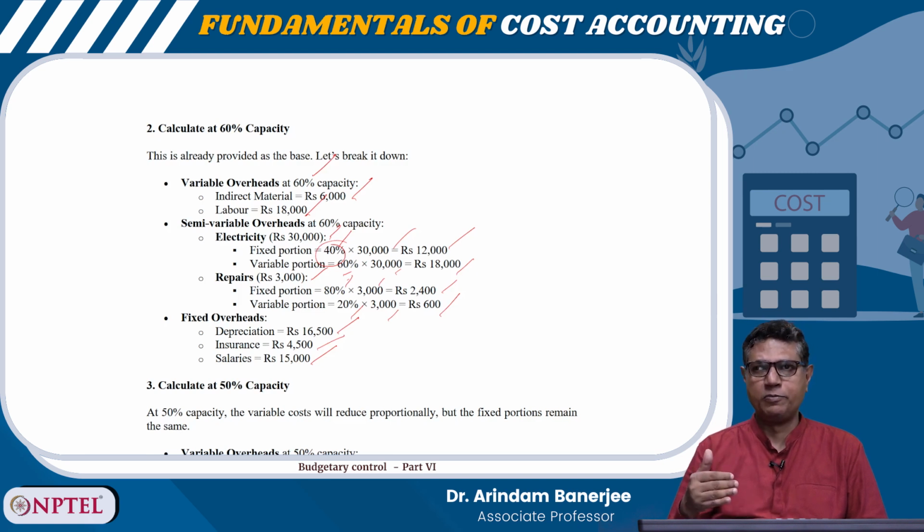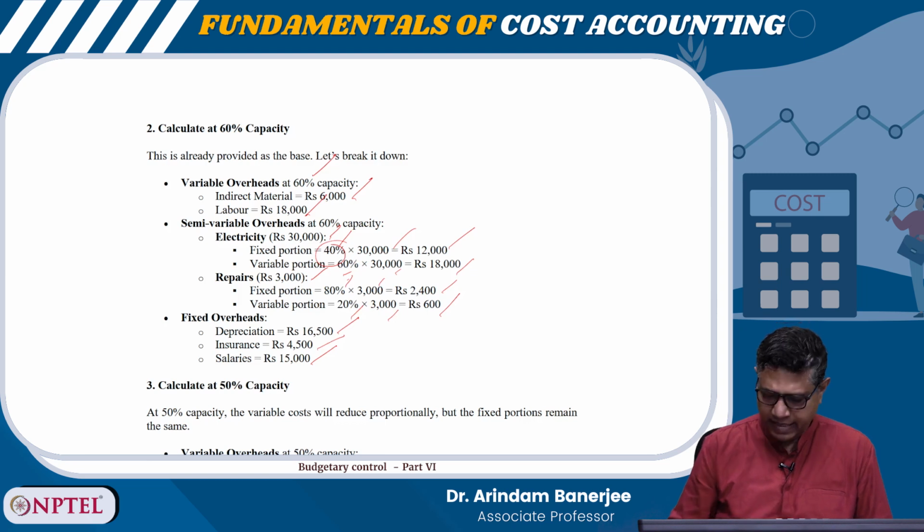Semi-variable overheads, electricity and repairs, are partly fixed, partly variable. They will of course decrease, but not proportionately. And the fixed overheads, depreciation, insurance and salaries, will not change even if the level of capacity utilization is changing. That is the kind of cost behavior we should observe.